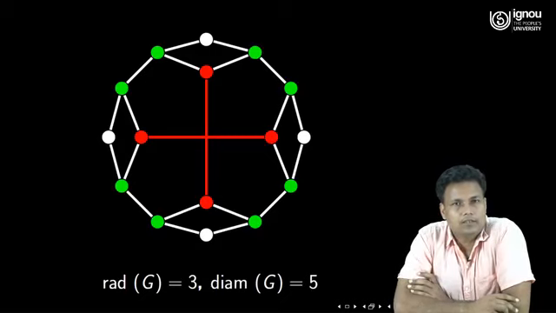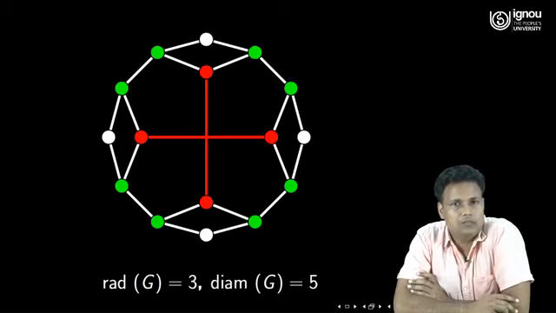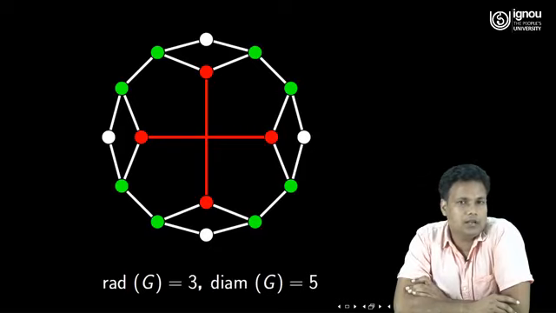The vertices which are red have eccentricity 3, the vertices which are green have eccentricity 4, and the vertices which are white have eccentricity 5. So the vertices of maximum eccentricity are the vertices which have eccentricity 5, and hence the diameter of this graph is 5.